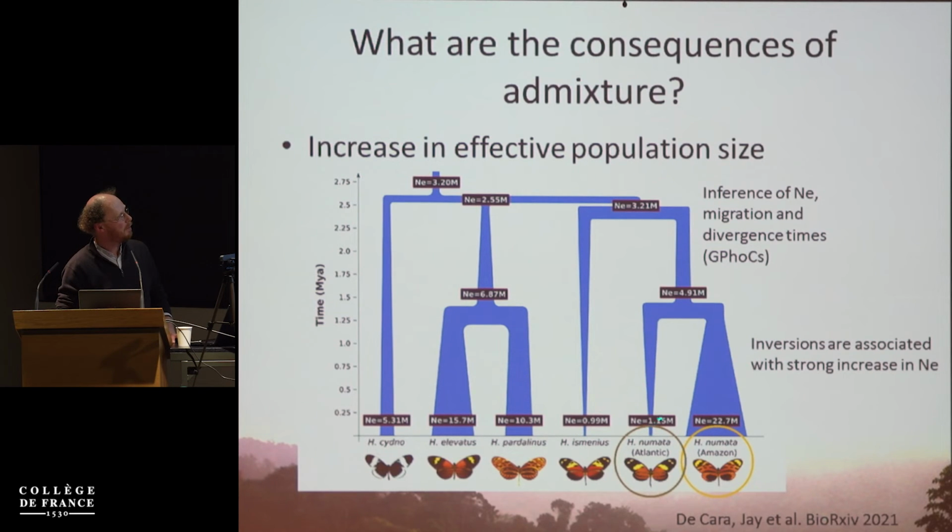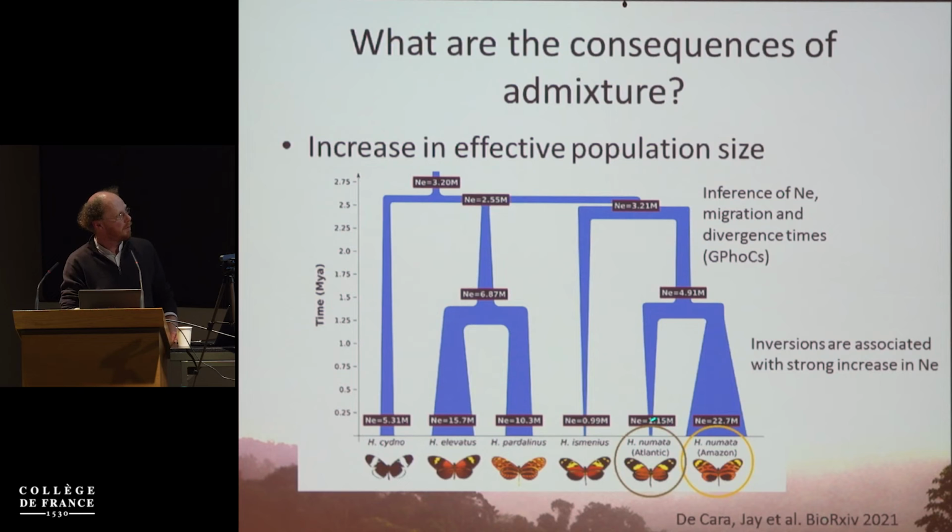And we estimate that the Amazonian populations of Heliconius numata have a huge effective population size. So we estimate 22 million. So of course, it's not census size, it's an effective population size. And this reflects the fact that basically we calculate population size across the entire range.